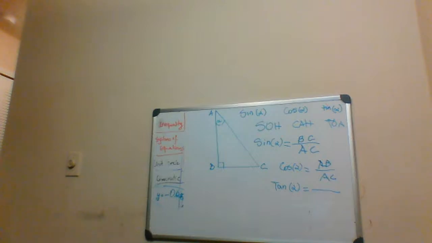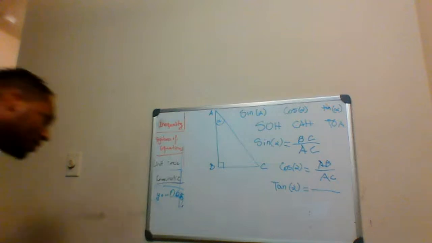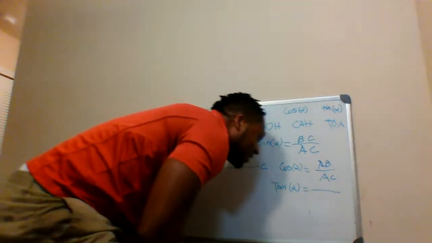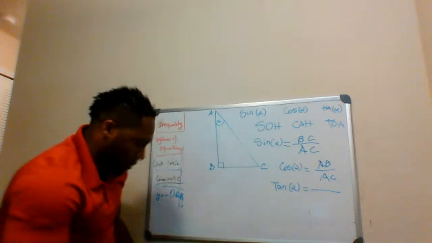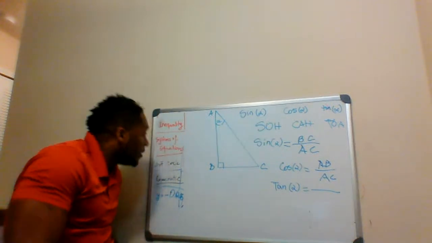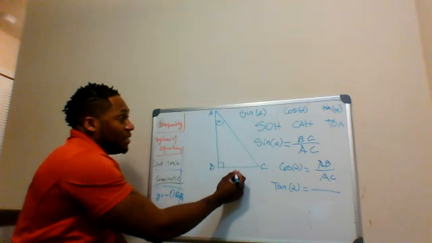All right, you guys. What's the tangent of alpha? All right, you guys are just running now. It's funny. All right, cool. All right, so yeah. Shelby, you got it. So it's the opposite side.